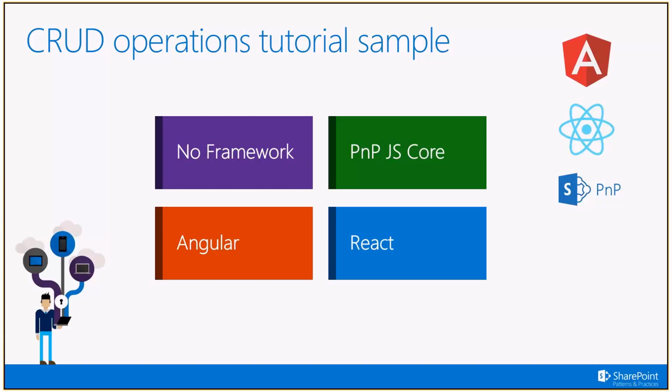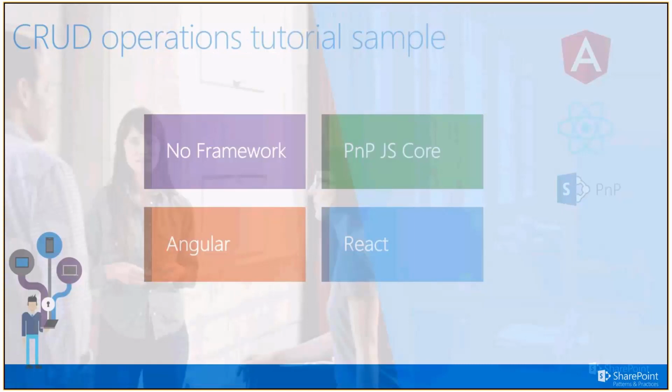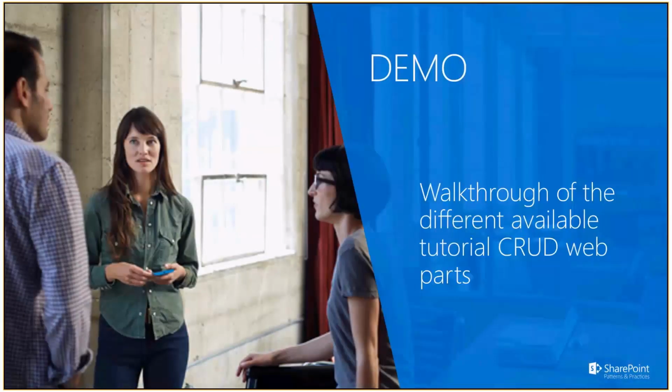We're going to show all of this in practice within the demo. So let's jump on the demo. Demos are always nice, and we can actually see the code and what's being done. Waldek is going to lead the demo, and we're going to go through the individual web parts and explain the key considerations between all of them. So Waldek, take it away.